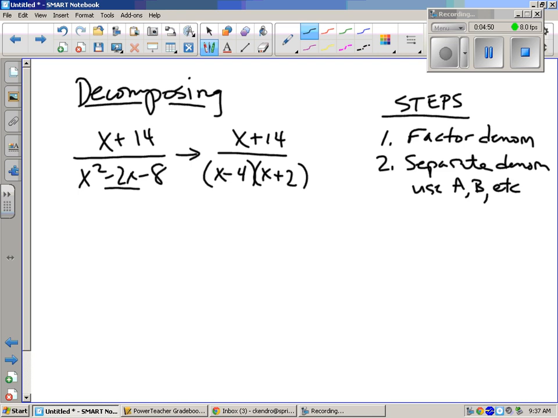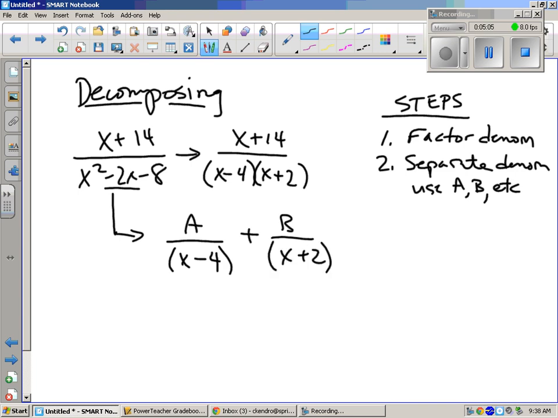So we're going to take our numerator and put placeholders in for what it's going to be. We separate the denominator into its two parts and just put in placeholders A and B. And this is always a plus sign. The negative sign will show up if it needs to, but for right now it doesn't.